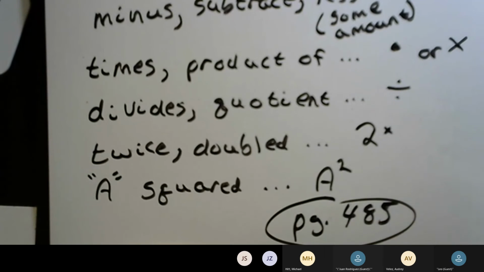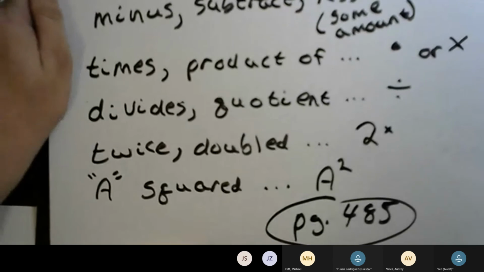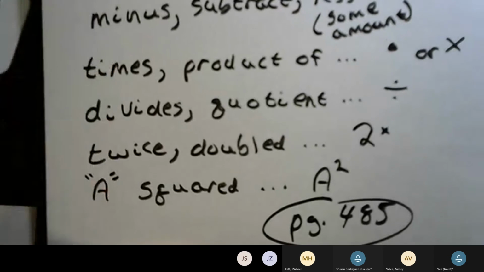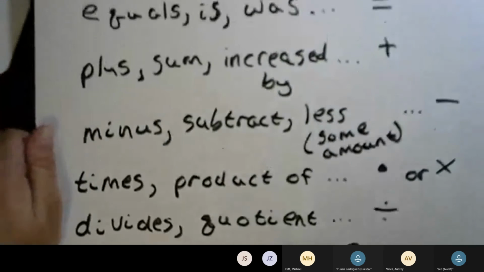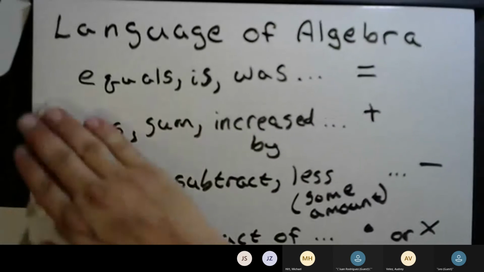So how does this work? Well, what we want to do is translate sentences. These are common words, at least in English, that are used to express mathematics. So what will come up is something like this.